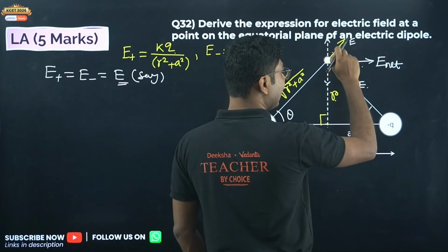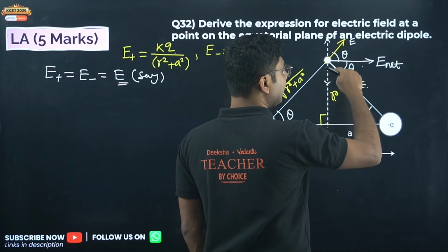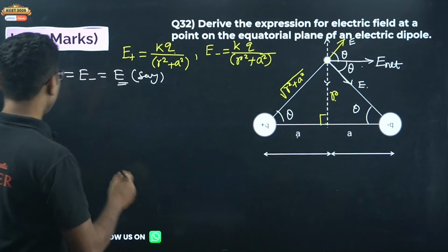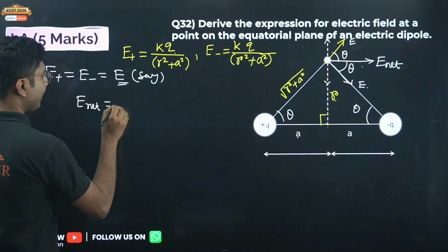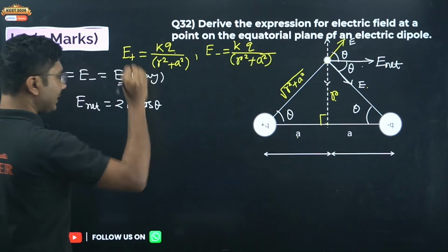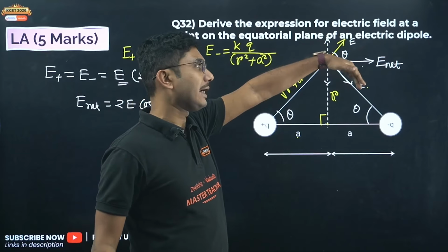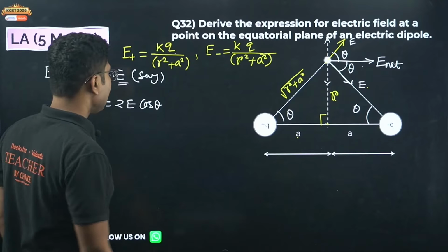The angle is theta, so the adjacent component is E cos theta, and this is also E, this angle is also theta, so this will also be E cos theta. So E net in this particular case will be 2E cos theta. One E cos theta from the positive, one E cos theta from the negative, they get added and we get 2E cos theta.